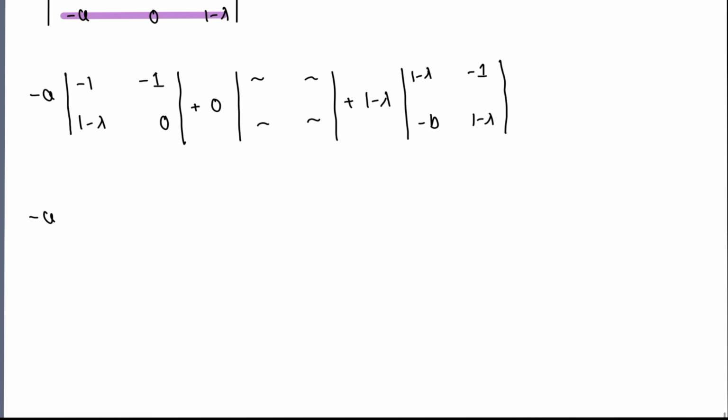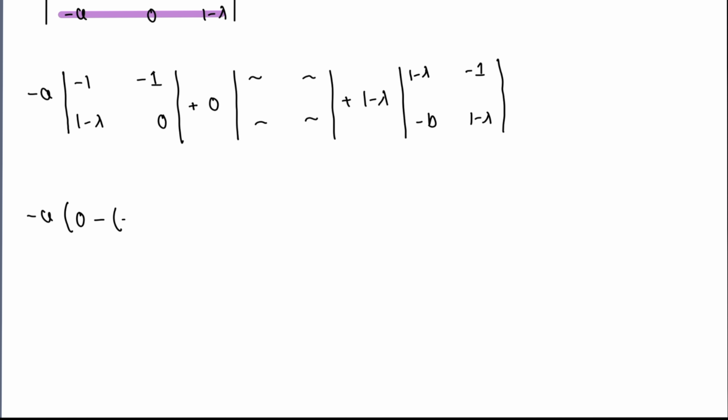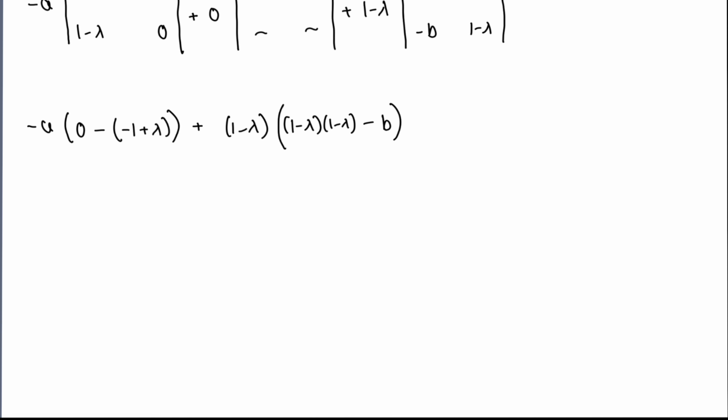If we start working out the determinants, we get minus A times 0 minus 1 plus lambda, plus 1 minus lambda, brackets 1 minus lambda, 1 minus lambda minus B. Cool.